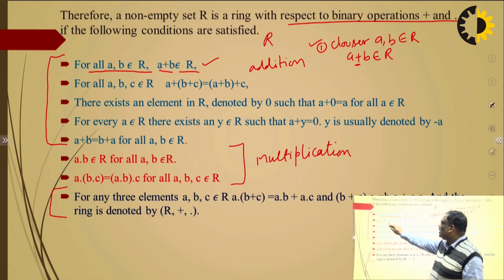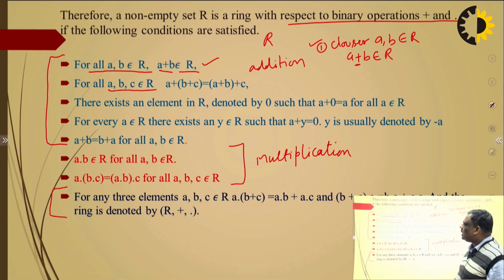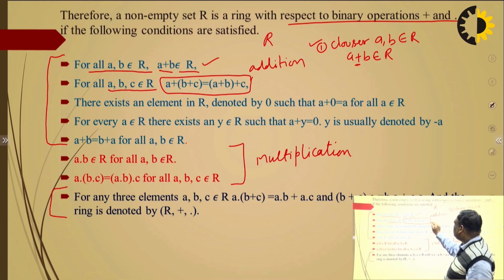The second one: if A, B, C belong to R, then (A plus B) plus C equals A plus (B plus C). This is known as the associative law.